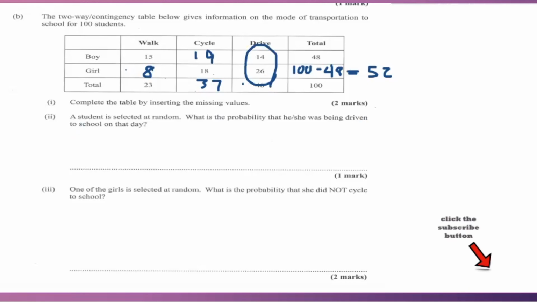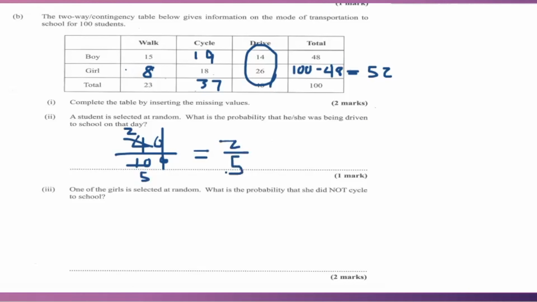So the number of students being driven is 40, and the total students that we have is 100. So reducing this, 2 into 4 goes 2 times, 2 into 10 goes 5 times. So the probability is 2 over 5. So the probability is the number of students being driven, which is 40, over the total number of students we have, which is 100.